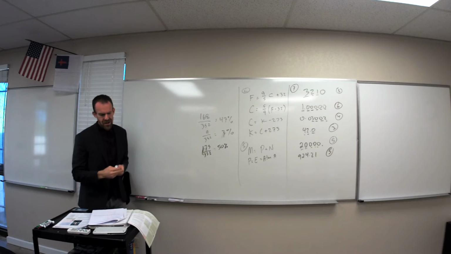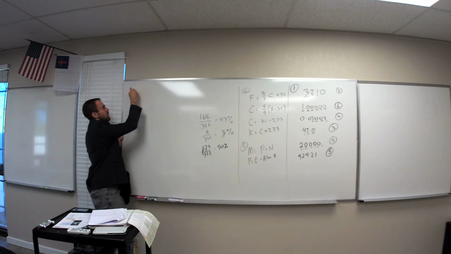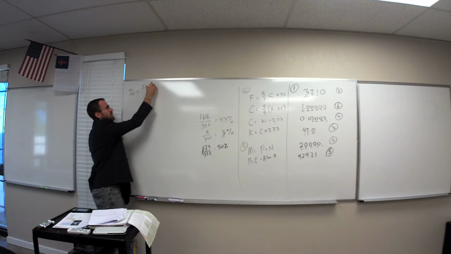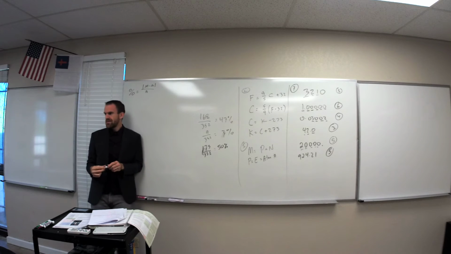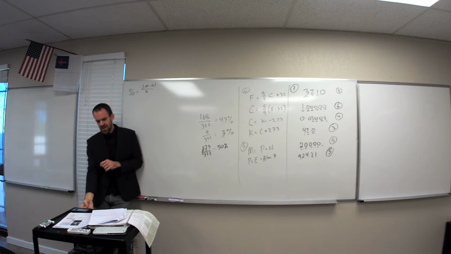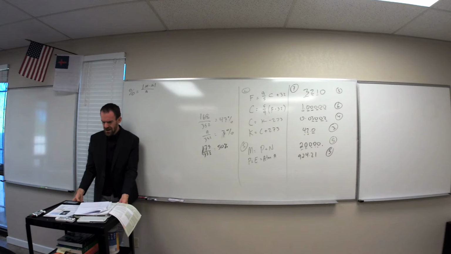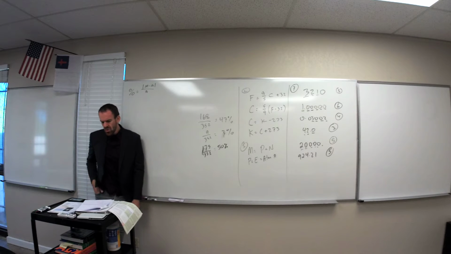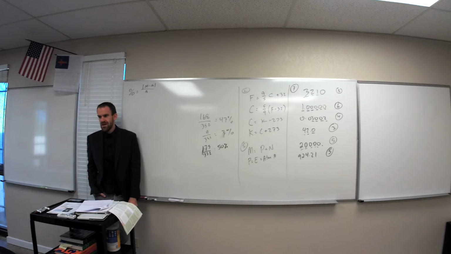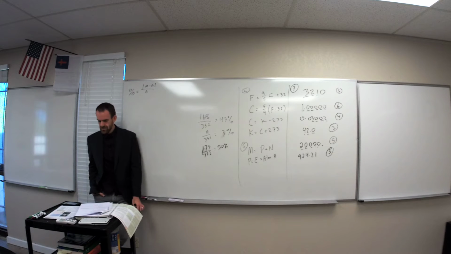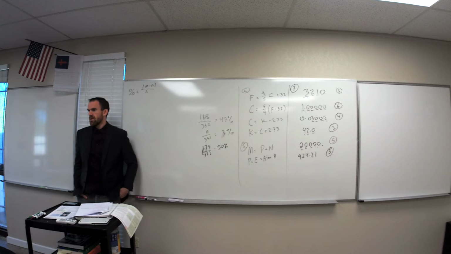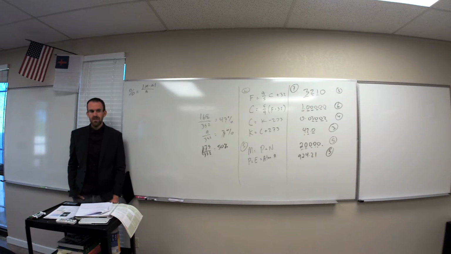Okay, what's the percent error? What's the formula? Absolute value of measured minus actual over actual. Okay. A lot of you guys just did over 2. That's wrong. Okay. Measured minus actual over actual. So it's 3%.